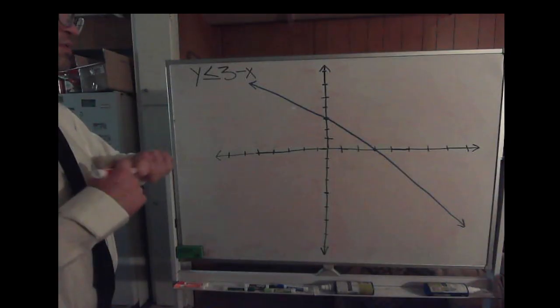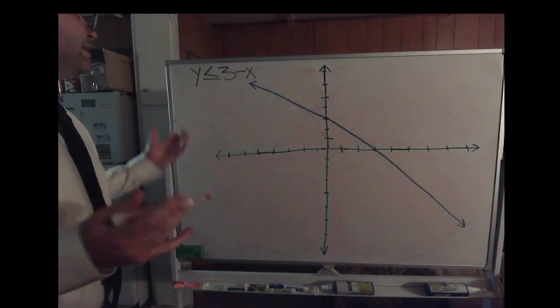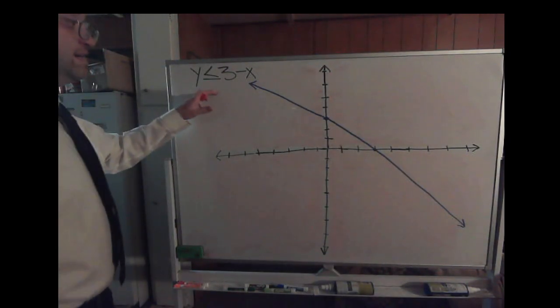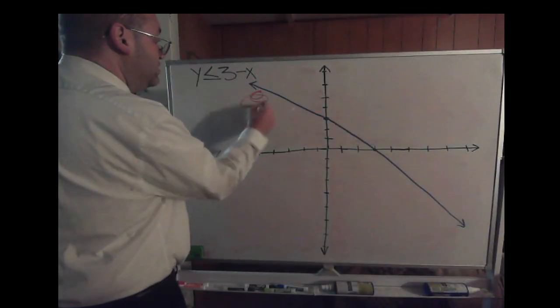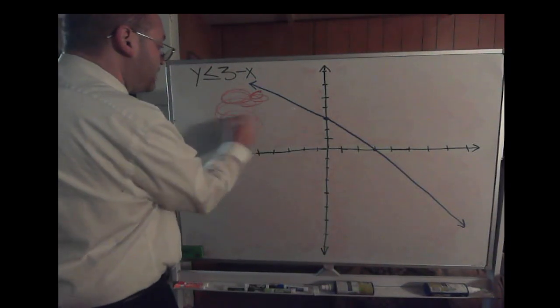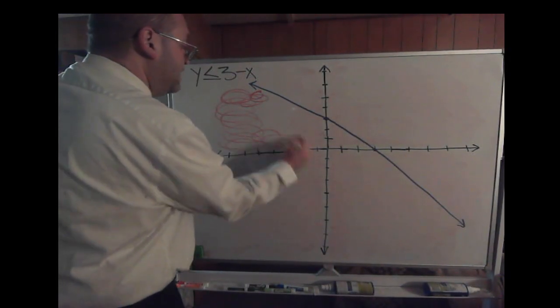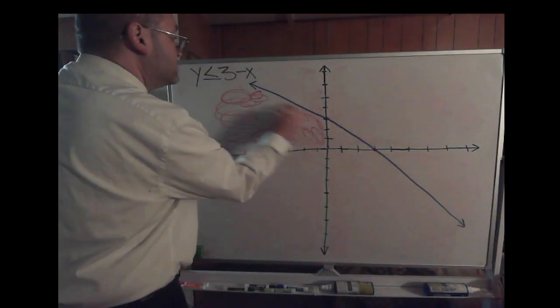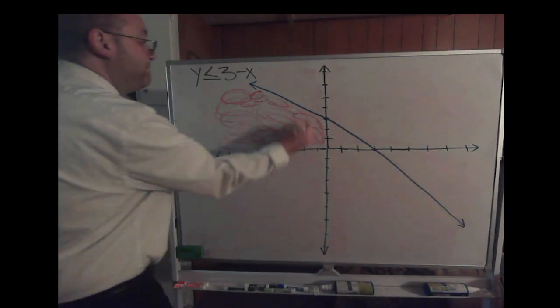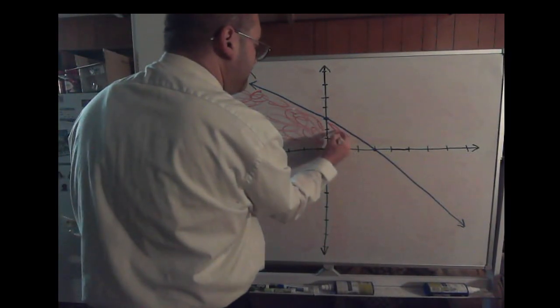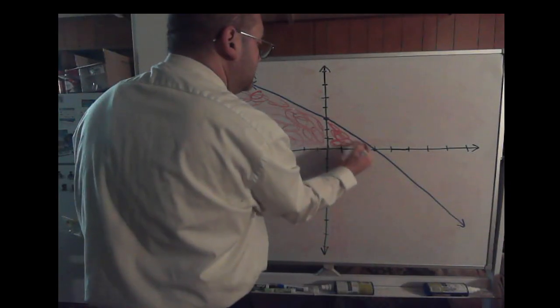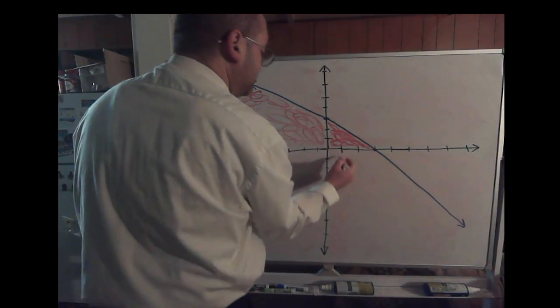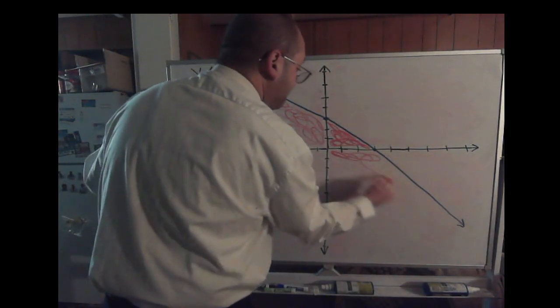Then since it's got the less than component, you're going to shade everything below the line, because you want all points less than that line too.